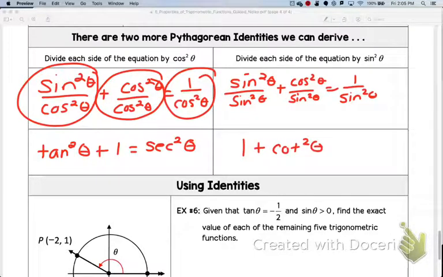Cosine over sine, and the reciprocal of sine is cosecant, so that equals cosecant squared theta. Okay, so we can manipulate those like that and get to those 3 Pythagorean theorem identities. As long as you remember the first one, you should easily be able to get to the other 2 just by dividing everything by sine squared or cosine squared.